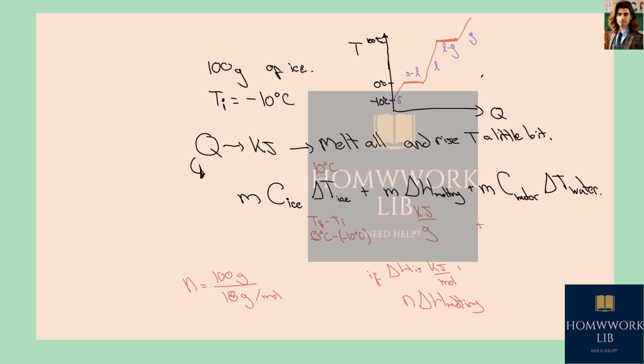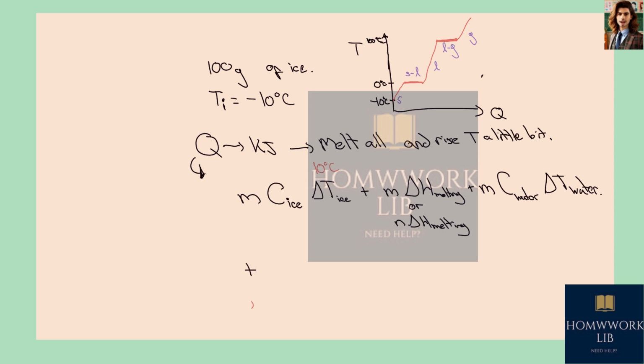That would be, let me erase everything here. Here, just a clarification depending on what is the value that is provided to you. The other potential factors would be n times delta H of vaporization, or depending if they give you the value directly in kilojoules per mole or in kilojoules per gram, you can use either of them.